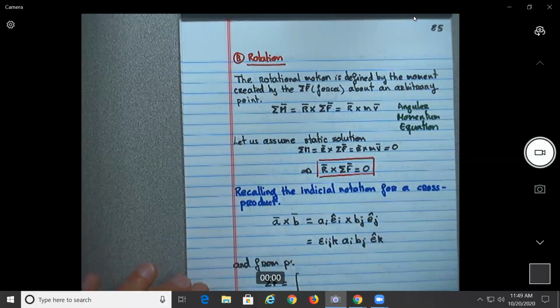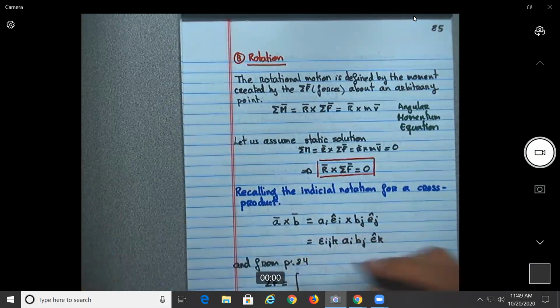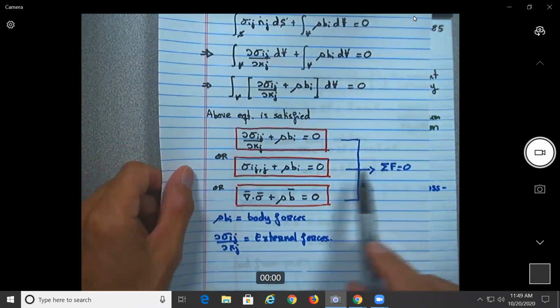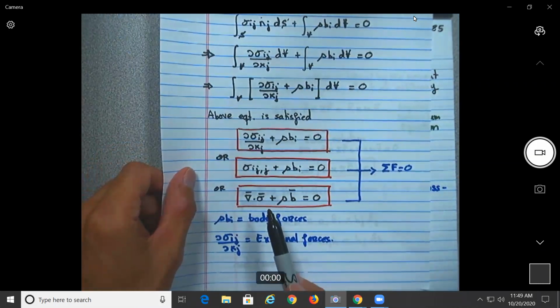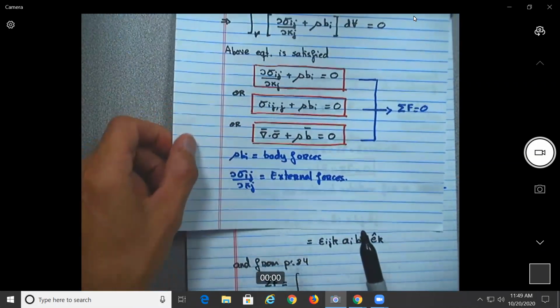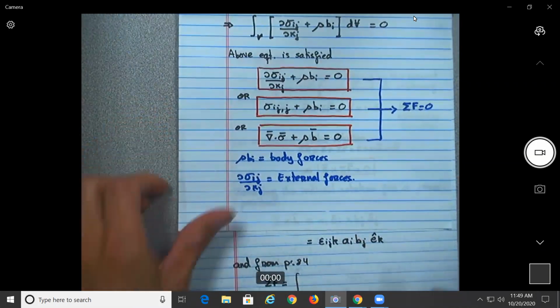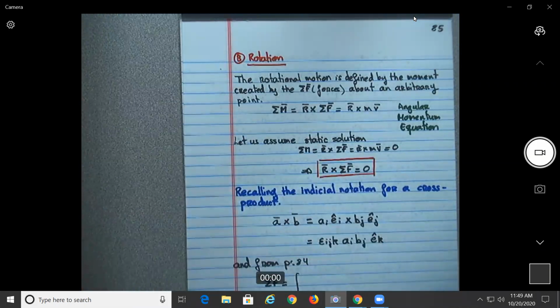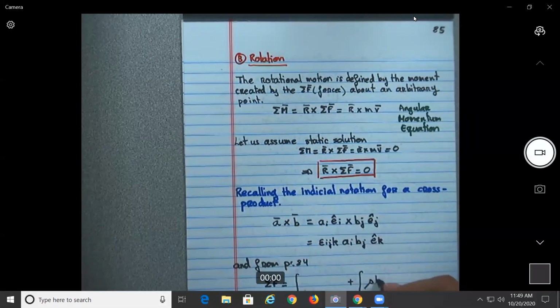So basically from page 84, the summation of forces equal to 0, I can pick any one of these equations. Okay? So let me pick this one over here. Let me write this one first, then I can select which one to take. Rho b sub I.